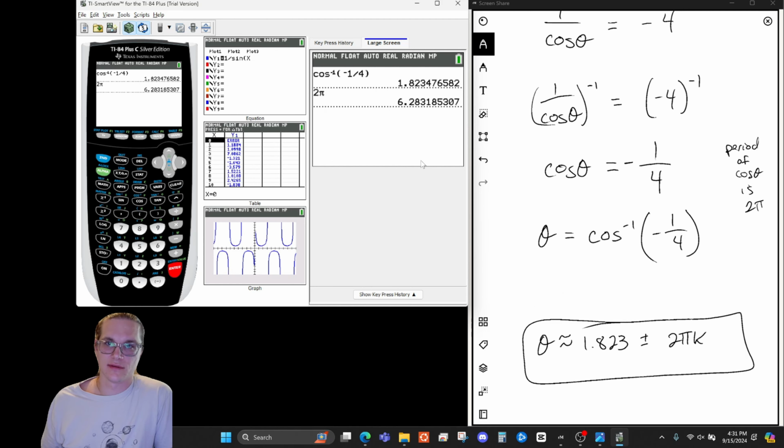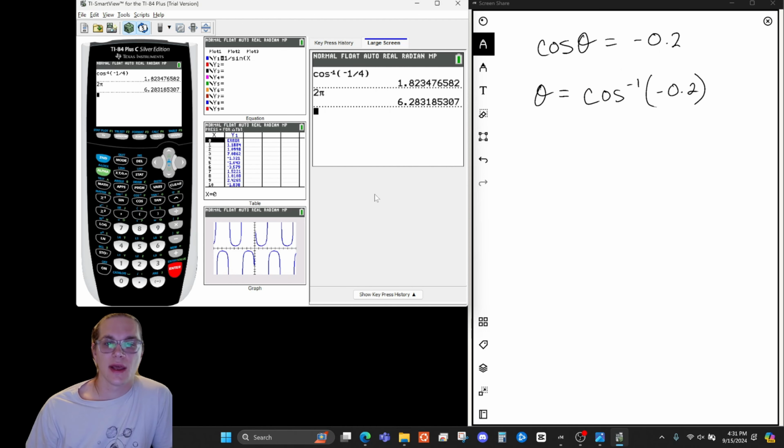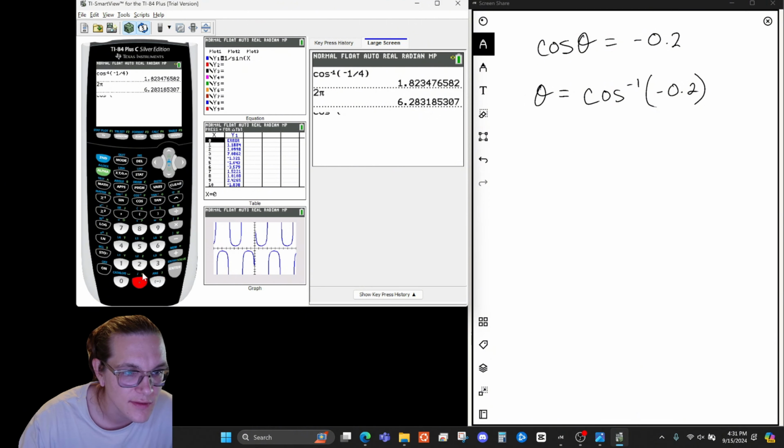So just to do another example, say we have this trig equation. Well, that is theta equals inverse cosine of -0.2. So let's say inverse cosine of -0.2.